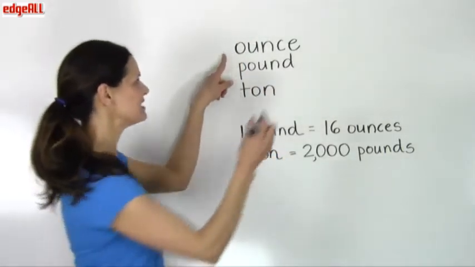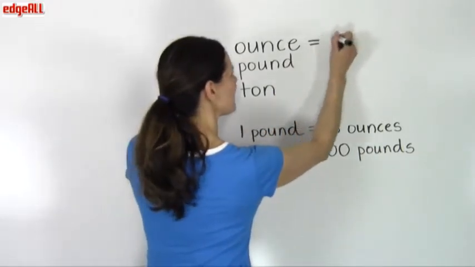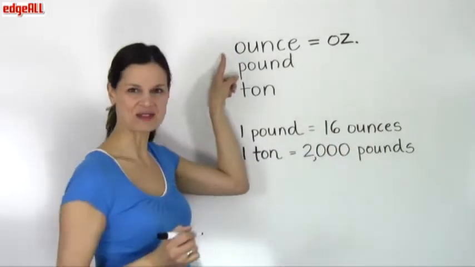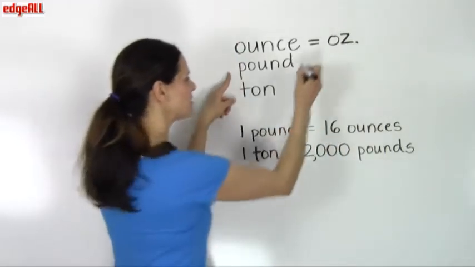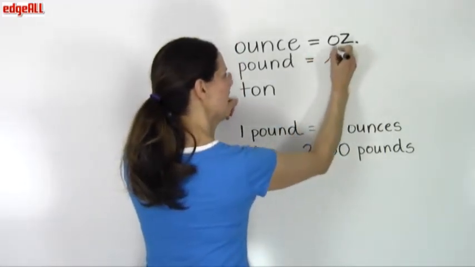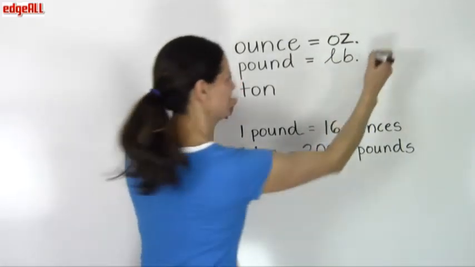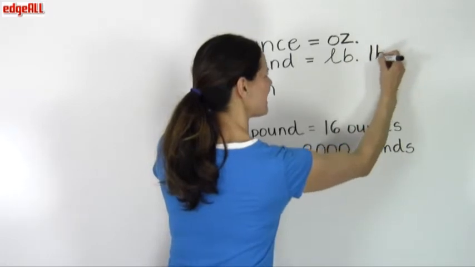There are abbreviations for these units too. For ounces, we can use the abbreviation OZ with a period afterwards. For pounds, we use the abbreviation LB with a period after, or LB.